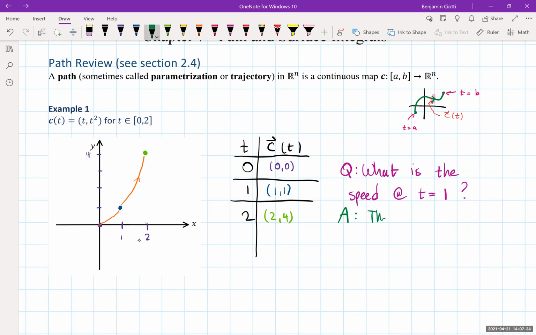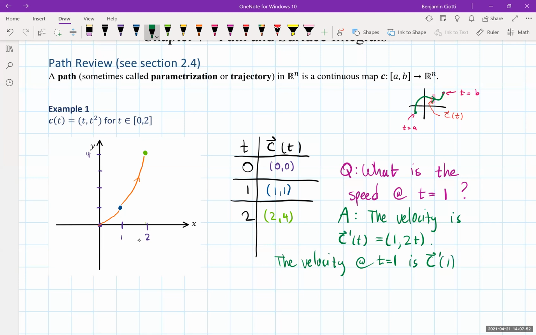So the velocity at time t is the derivative of the position, which is (1, 2t). The velocity at t equals 1, that's c prime of 1, which is (1, 2).